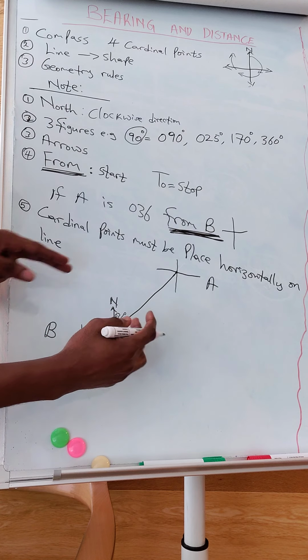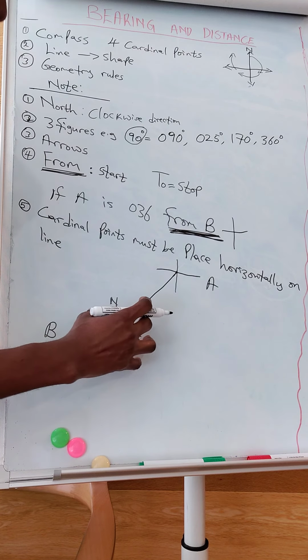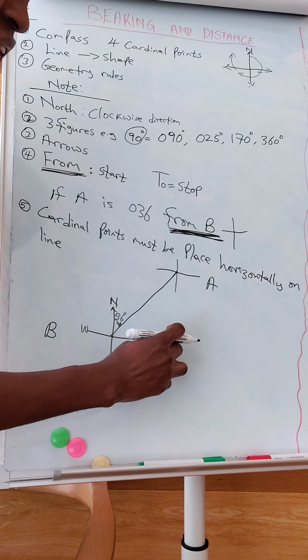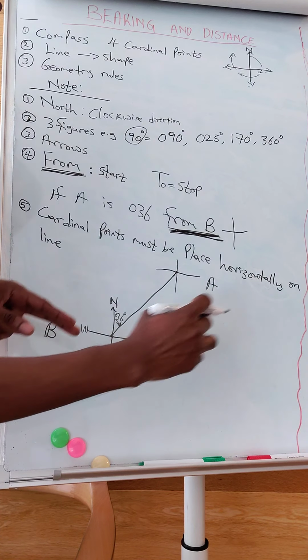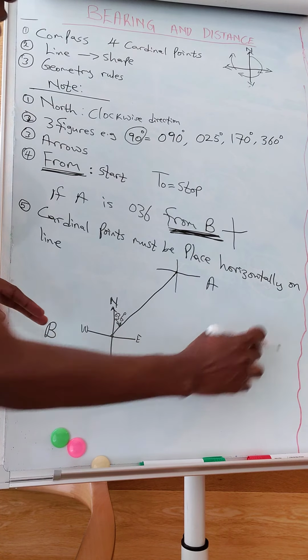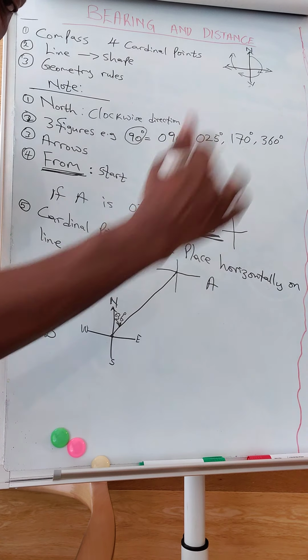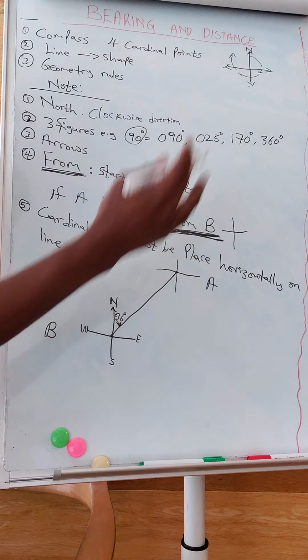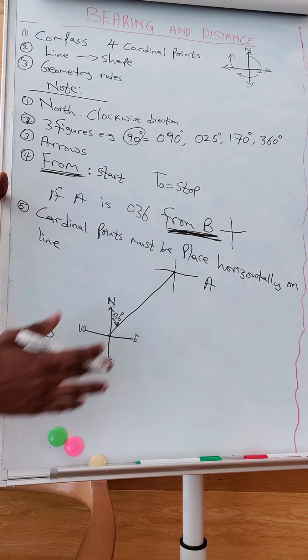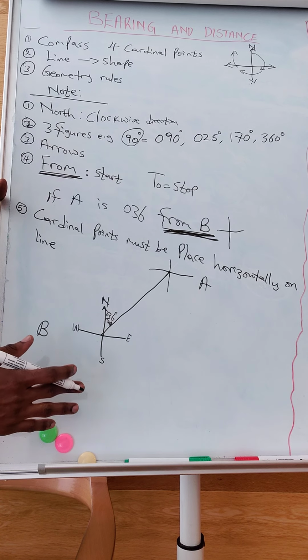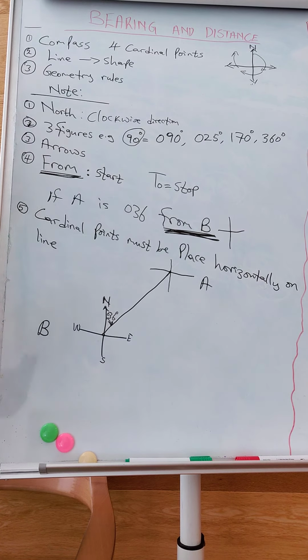Is that taken? So you must always place your first cardinal point at the center of your note so that you have space at the left, right, down, and upper part, so that in case you want to move, you can easily move. So these are the things you need to take note of when you are doing bearing and distance.